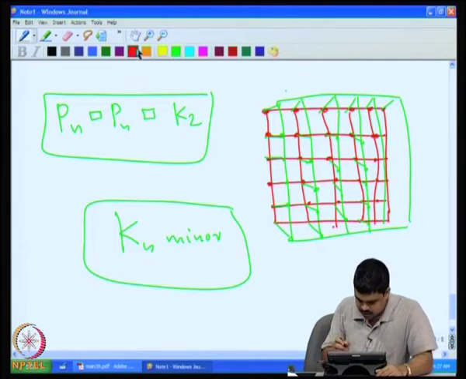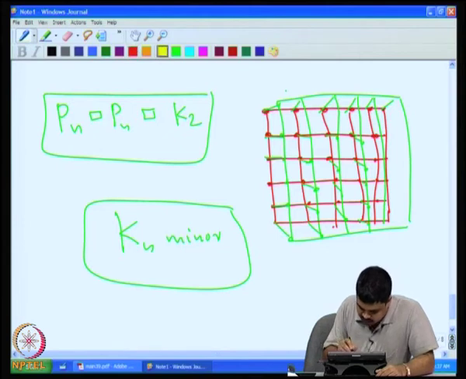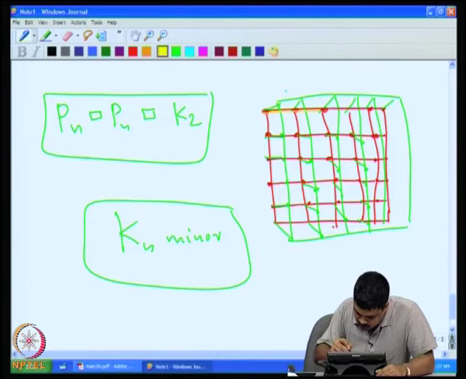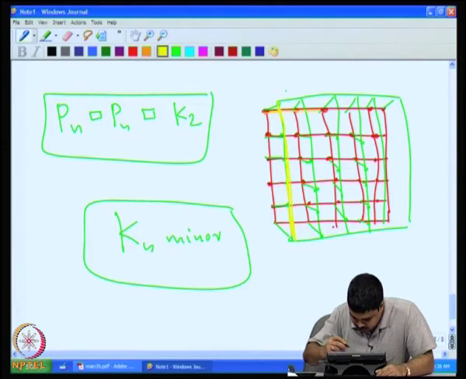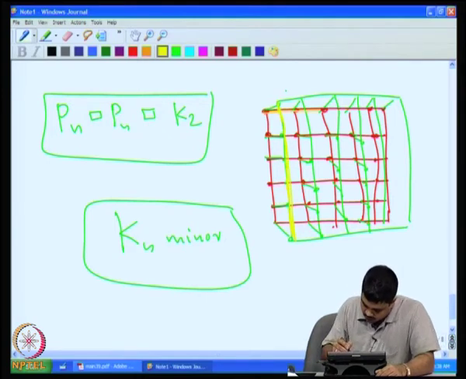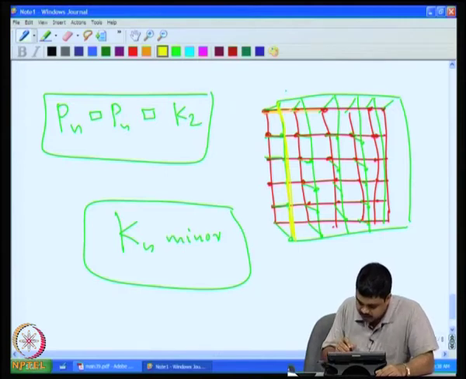So, I am just marking some branch sets. For instance, I will take this, and this is one branch set. That means one column from the green grid and one row from the red grid.